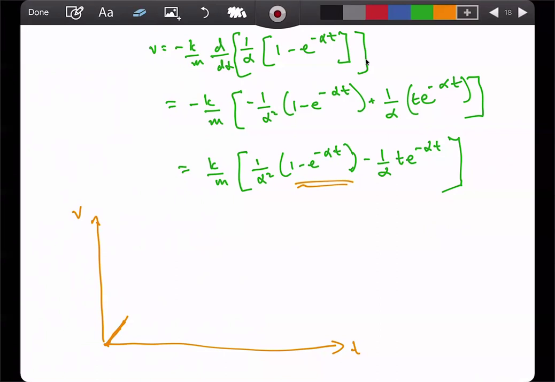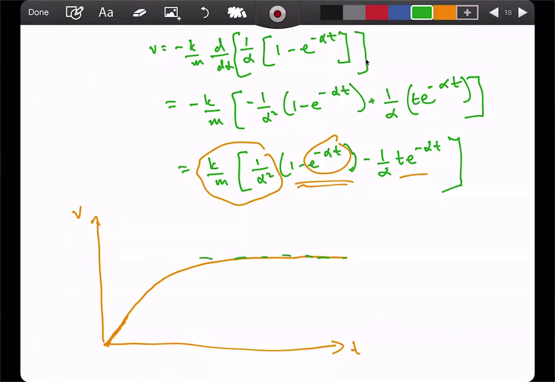And then as time goes on to infinity, what's going to happen? This term here is going to go to 0, and this term here is going to go to 0, but this whole thing is going to go to simply a constant. So it's going to asymptotically approach this constant, which is k over m alpha squared.